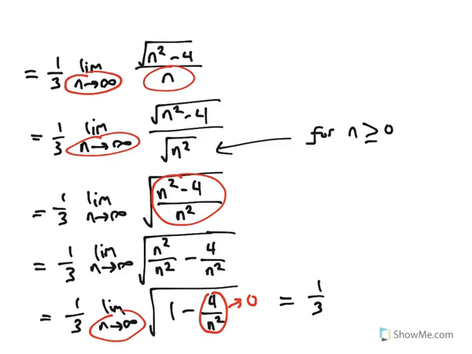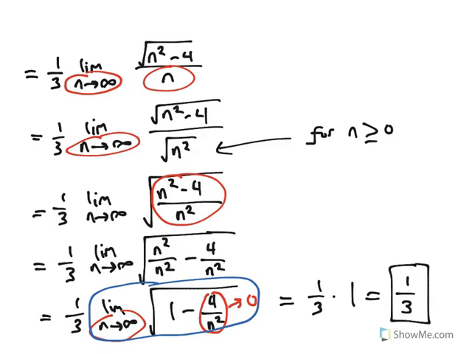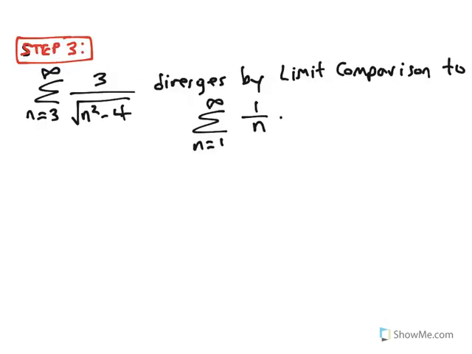So the limit that we have here would be 1/3 times this limit, which would be equal to 1. As n goes to infinity, the radical expression will go to 1. So our limit is 1/3 times 1, or 1/3, which is a positive number, and therefore, by the limit comparison test, since our comparison series diverges, the series that we're working with must also diverge. And this is how we would write the conclusion in step 3.